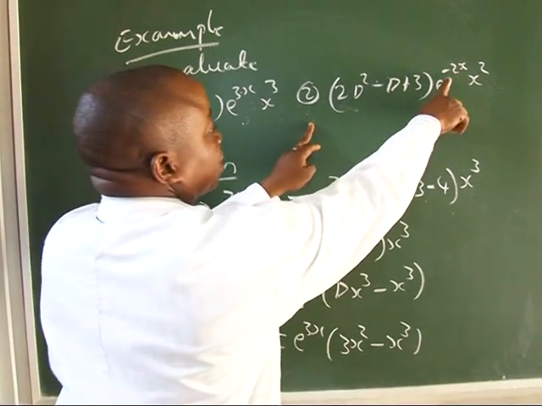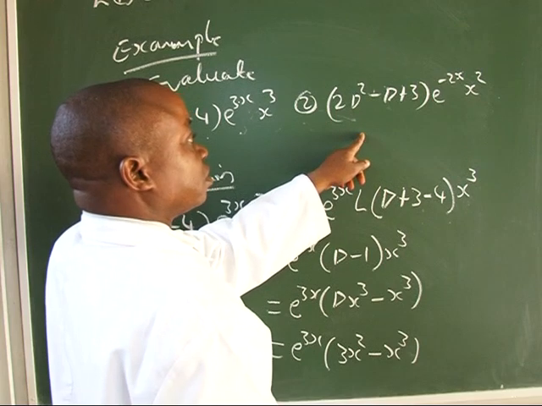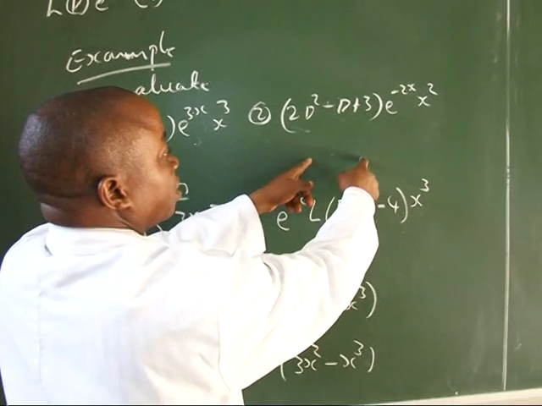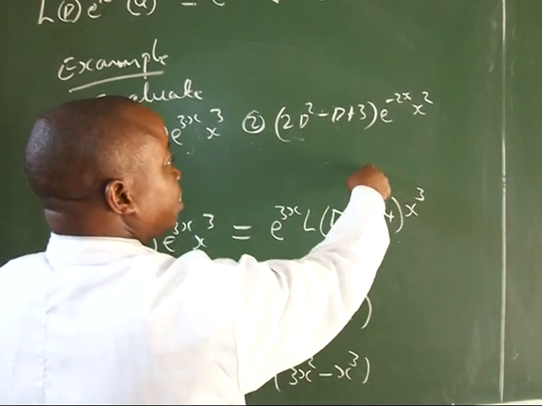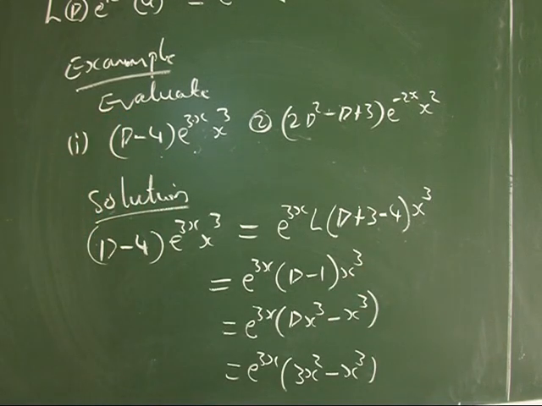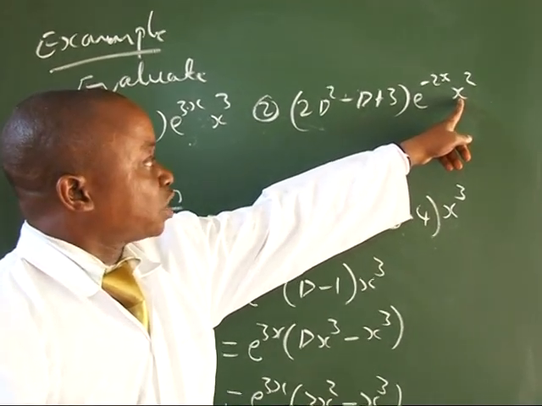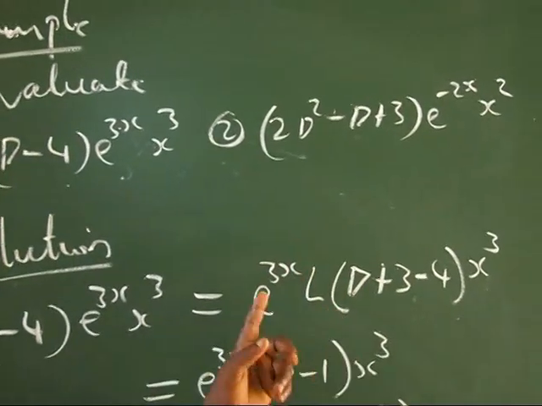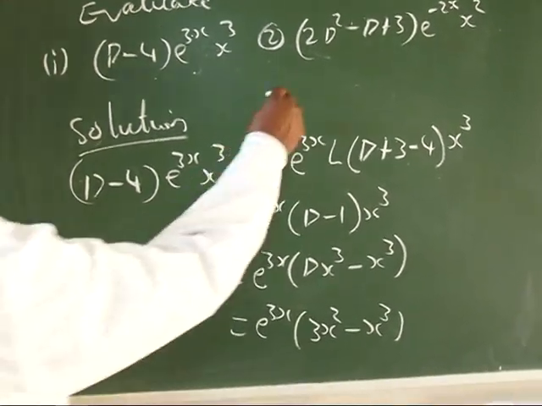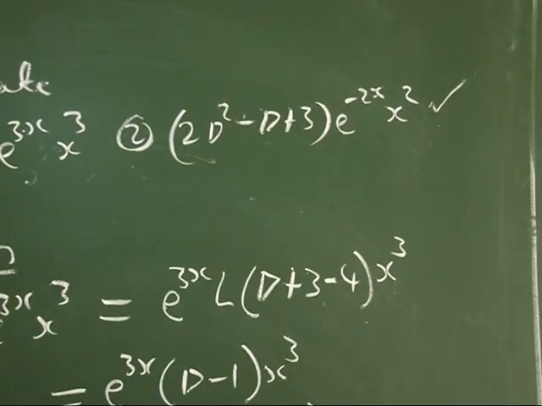Now k in this context is minus 2. So what you have here is d plus minus 2, that is d minus 2 squared, minus d minus 2, plus 3. Then we now use this particular function x squared to multiply it, and then you differentiate where necessary. So I'd like you to also pick this on your own and try using this pattern.